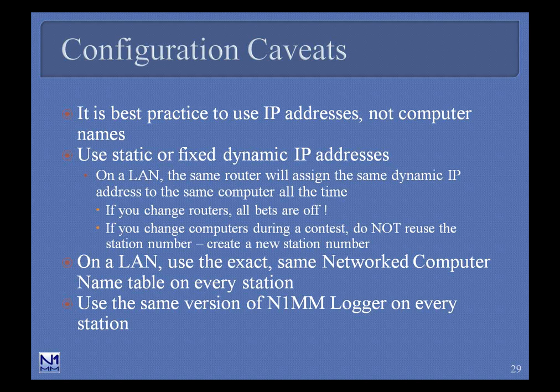It was discovered that one of their computers was running a different version of N1MM Logger. We do occasionally need to make changes in the operation for a network computer environment, and that will change the operation if they're not all running the same version of N1MM Logger. Okay, next slide, Rich.